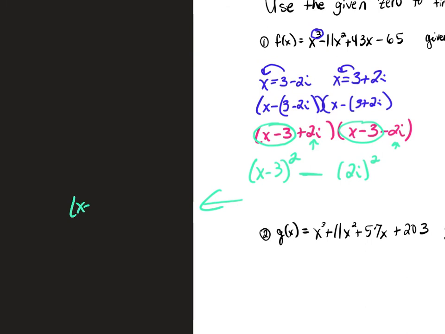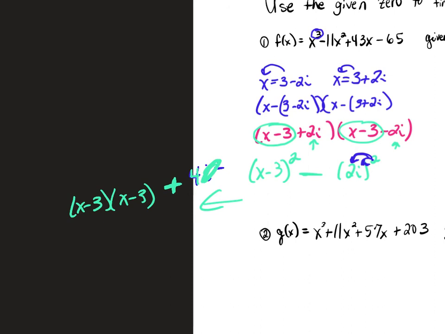So I have x minus 3 times x minus 3 minus, when I distribute this, I get what? What's 2i quantity squared? Minus 4i squared, because that 2 goes to the 2 and to the i. Then we cross off and change the sign.